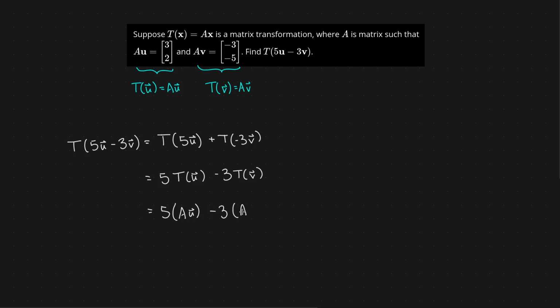T of v is A times vector v. And I'm told that A times u is vector 3, 2. Minus 3 times Av, and matrix A times vector v is negative 3, negative 5.